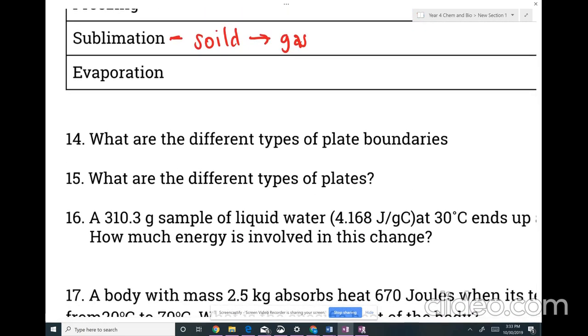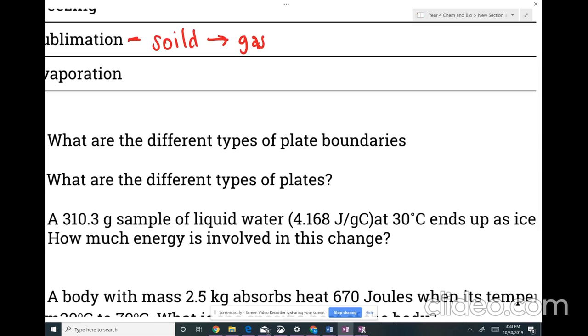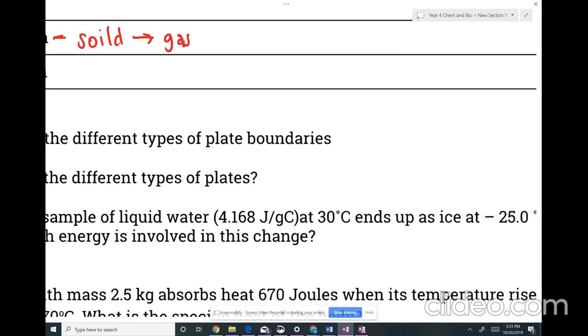Okay, so different types of plate boundaries. What I want to talk to you guys about here is your three big types of boundaries.